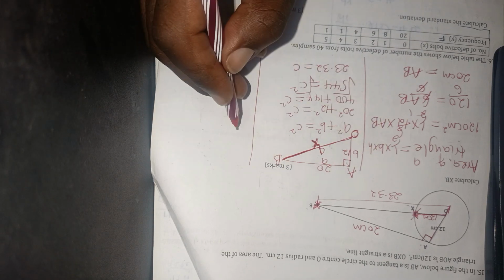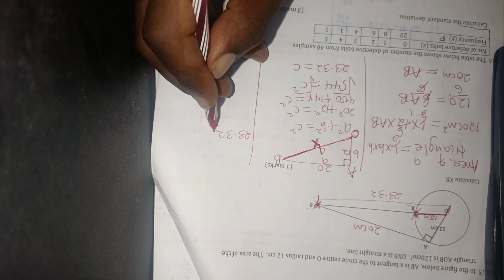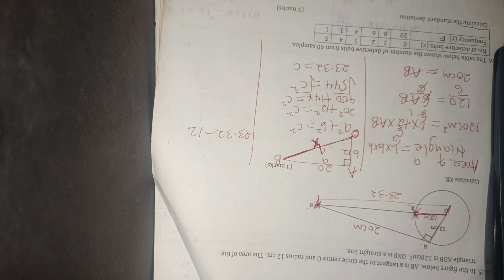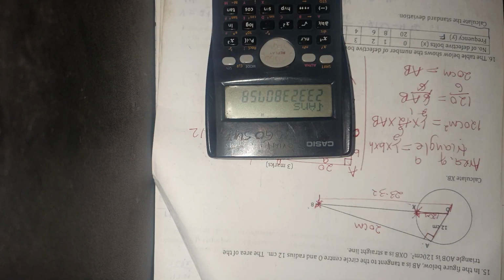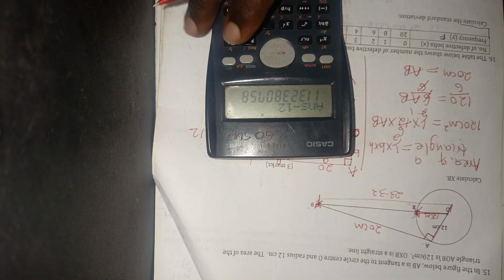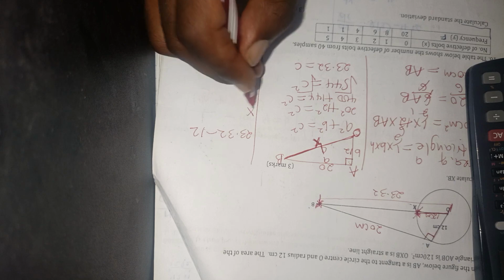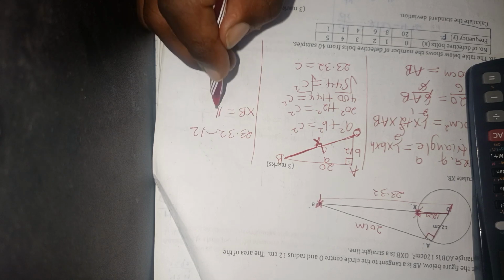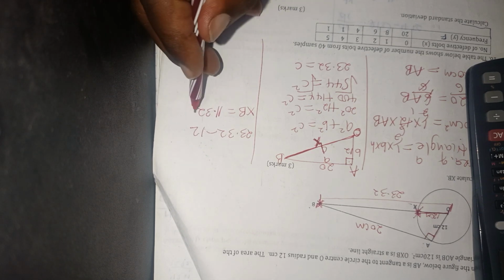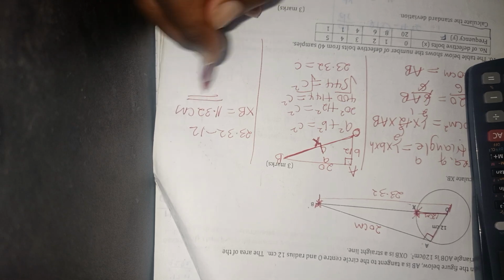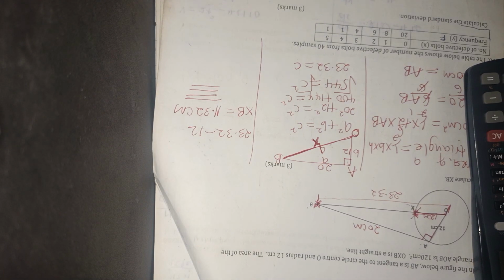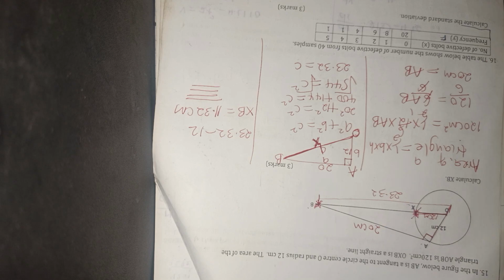What do we do? We just take 23.32 less 12. So answer minus 12, you get 11.32. So your XB is 11.32 centimeters.